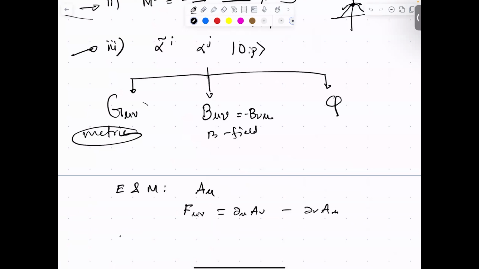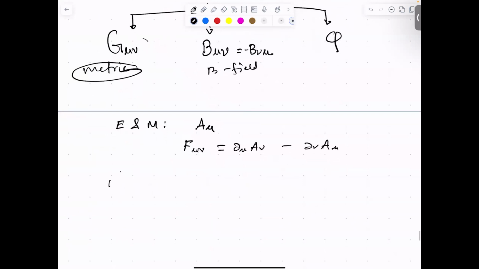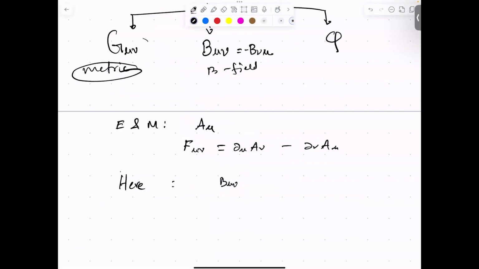Here, let's not write bosonic strings because this is common. Or let's say here, B mu nu. B mu nu would give rise to a three-index field strength.